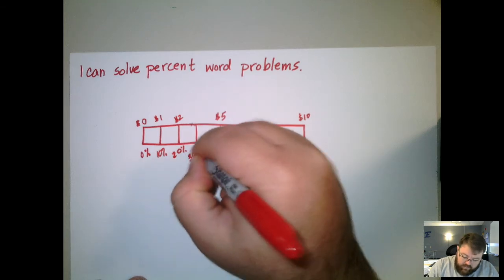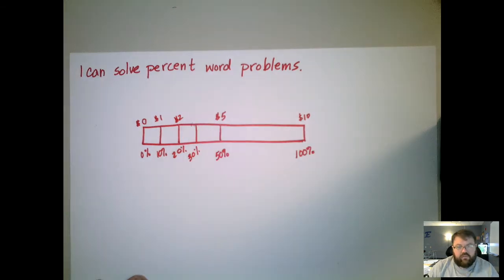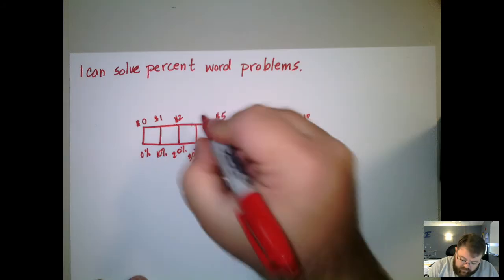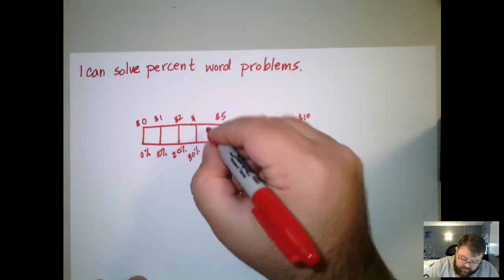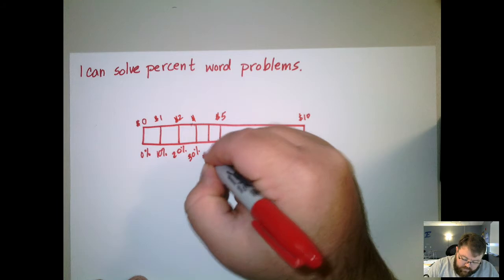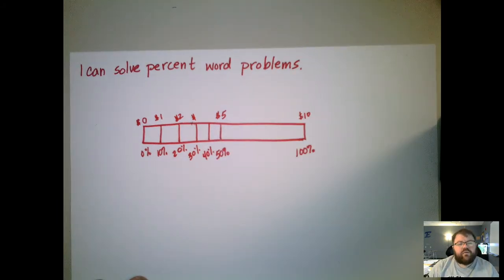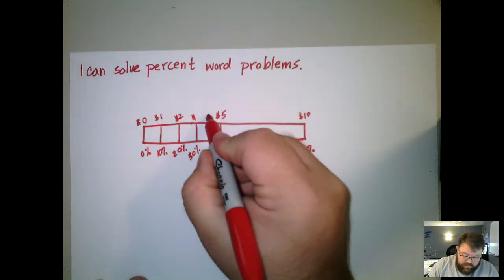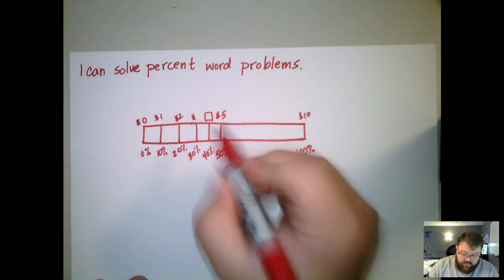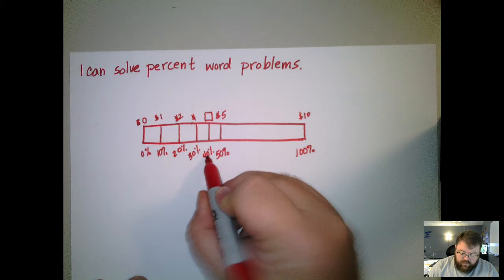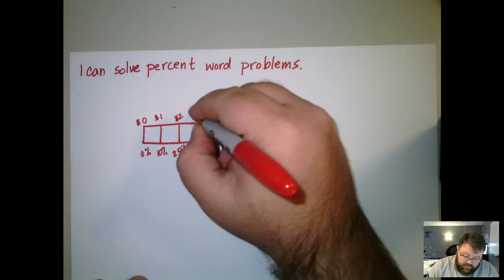30%. What dollar amount? Hopefully you said $3. 40%. Pause the video. Tell me, what dollar amount is 40% of 10?